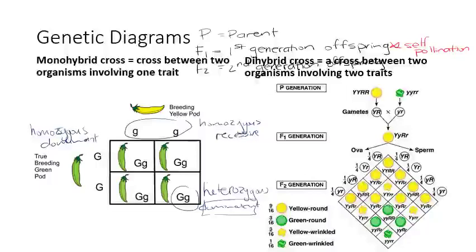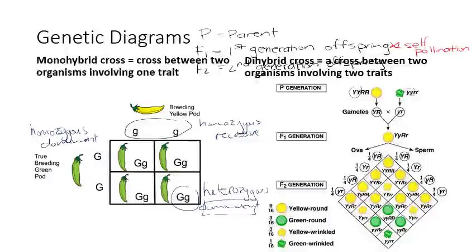A dihybrid cross is a cross between two organisms involving two traits. So in this instance, we have yellow and round, and the small y's tell you that it's going to be green.